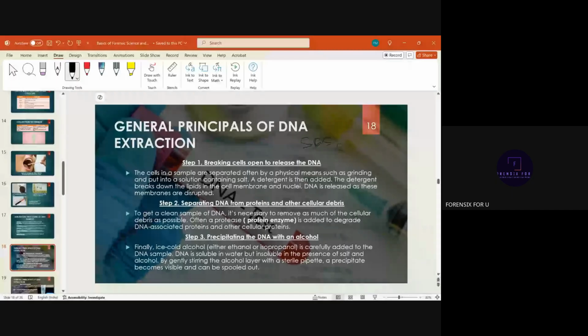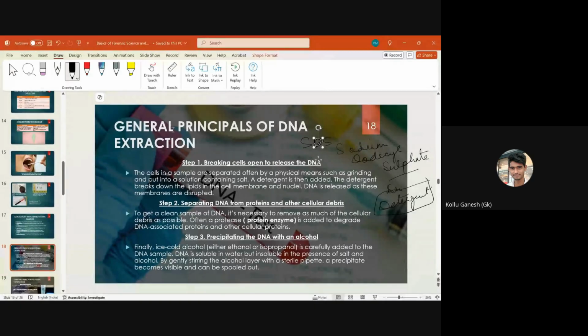SDS is sodium dodecyl sulfate. Sodium dodecyl sulfate is a detergent, just like the detergent that we use to wash clothes or the soaps that we use to take a bath. It breaks down the lipids and the cell membrane of the nuclei and releases the DNA. Clear? Is it clear?